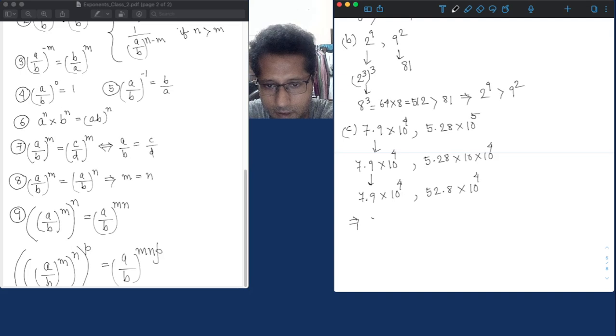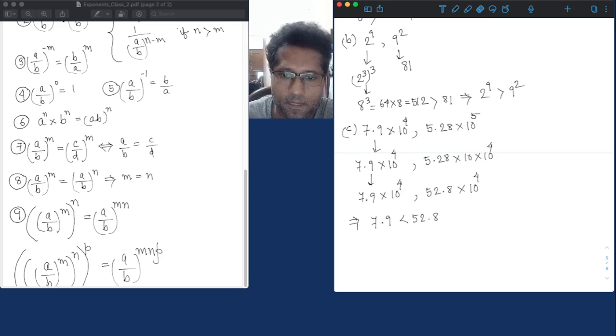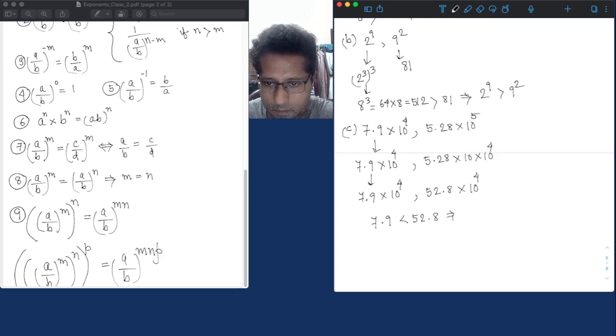So clearly, since 7.9 is less than 52.8, this implies that 7.9 multiplied by 10 to the power 4 is less than 52.8 multiplied by 10 to the power 4.